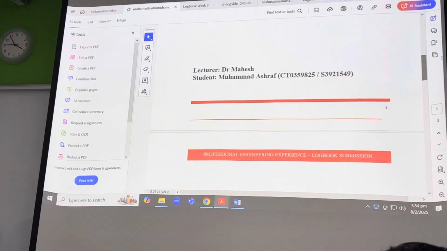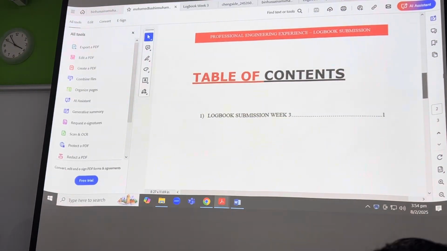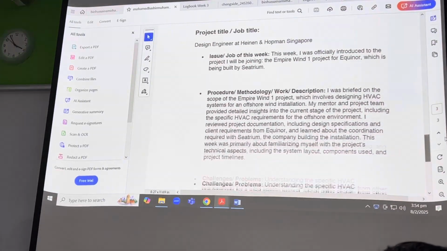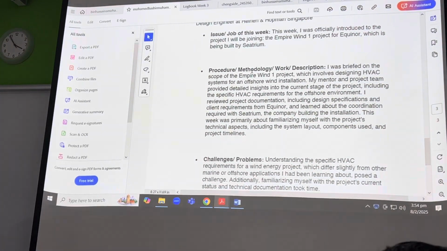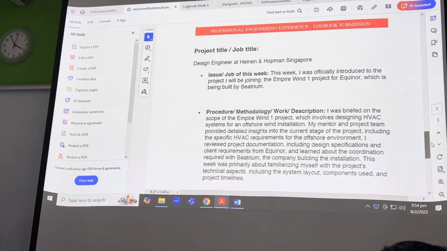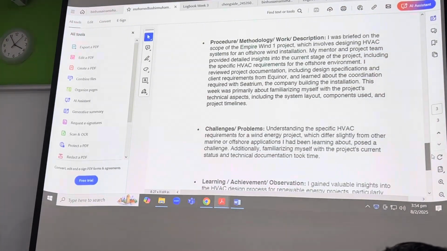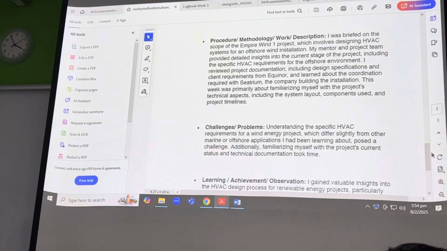Okay, this guy, Ashraf, who knows Ashraf? Anybody? So Ashraf was in this HVAC system. He's an HVAC engineer. So throughout the job fix, he was just writing words.